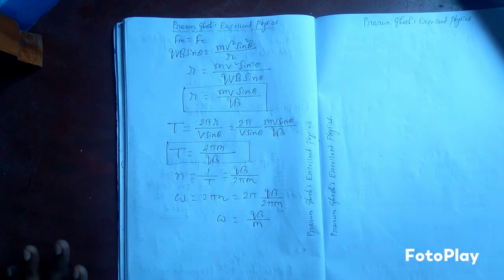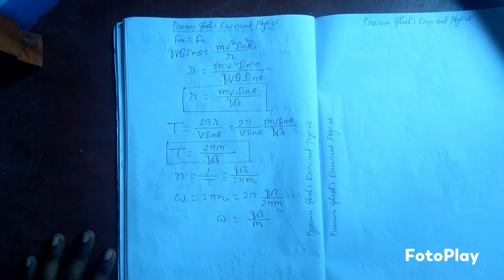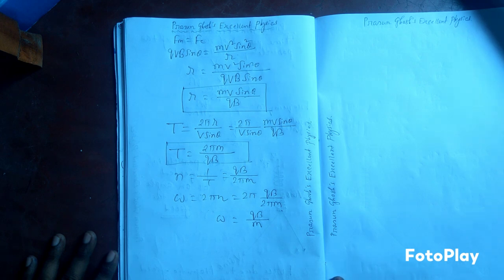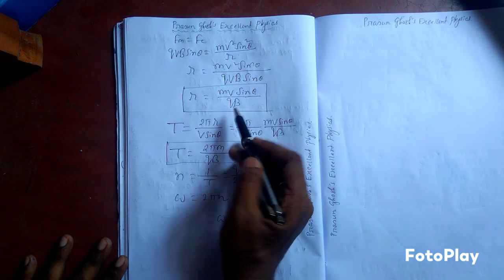The only difference is the radius r. If projected at pi by 2, r is mv by qB, and at an angle theta, r is mv sin theta by qB.